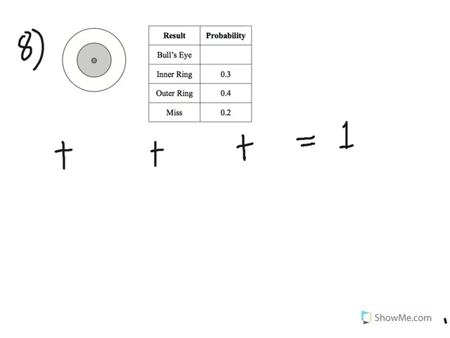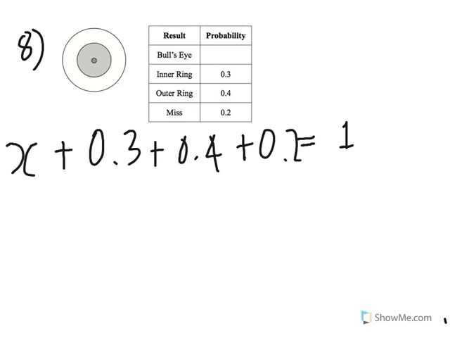So if I add the probability of bullseye, we'll call it x in this case, and the probability of the inner ring, which is 0.3, the probability of hitting the outer ring, which is 0.4, and the probability of missing, 0.2, it'll all add up to 1.